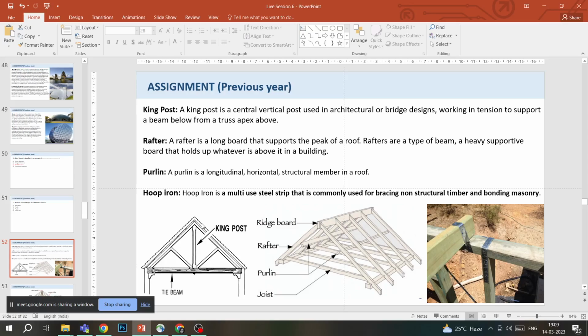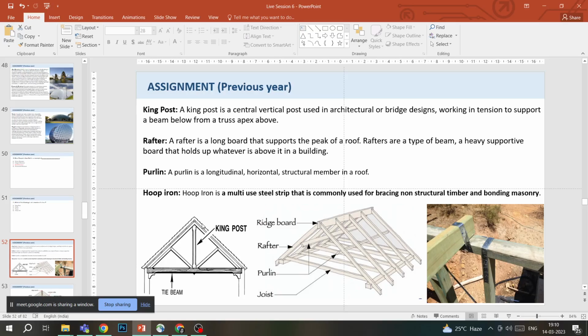Rafters are a type of beam, a heavy supportive board that holds up whatever is above in a building. So if this is a truss, then this part is called a rafter. It's basically a beam that is taking the load of the roof, and the peak of the roof is supported by this rafter.